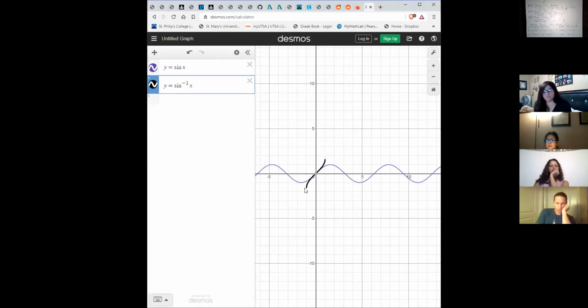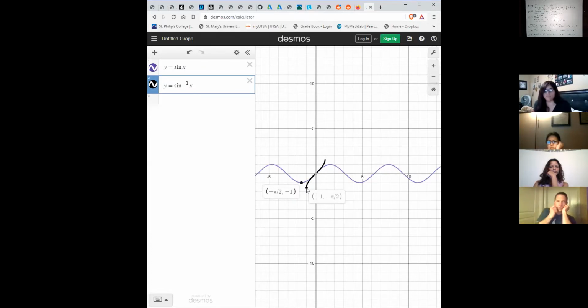Here. You see how it doesn't go on forever? And the x values and y values have been switched. So negative 1 to 1, and negative pi over 2. Over here, see how it's the opposite, right? That's what it means to be an inverse.